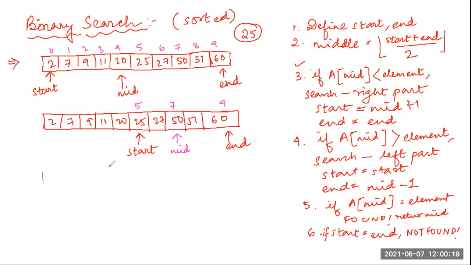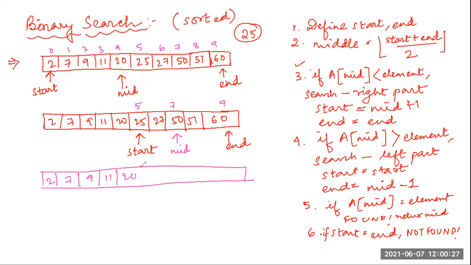So in the next iteration, what will happen? My start will be the same, but my end will be updated, that is mid minus 1.